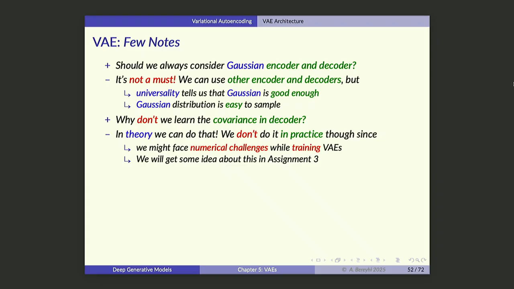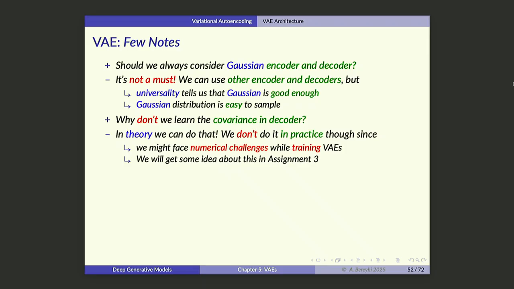You just push the variance of your decoder to infinity. Because of that, we're not interested in that. It doesn't mean that if you do this, you're going to always fail. But numerically, you're going to have a harder time, right? So this is why we don't do it. And in practice, it's not really needed.